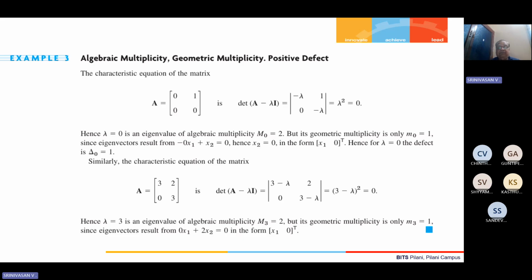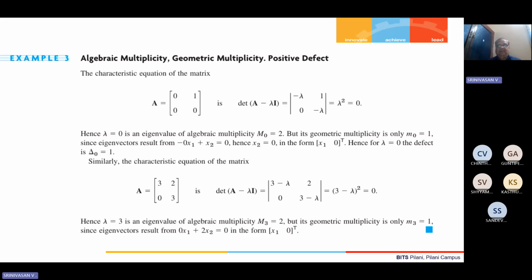Here, lambda squared equal to 0 is your characteristic equation, which means lambda equal to 0, 0. Don't immediately dismiss it: an eigenvalue can also be 0. So 0 gets repeated; the multiplicity is 2 here. Multiplicity means how many times it gets repeated.